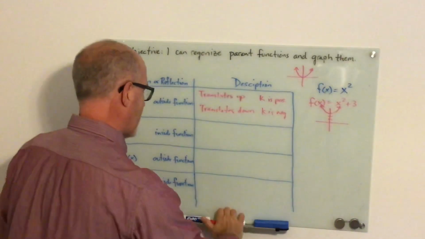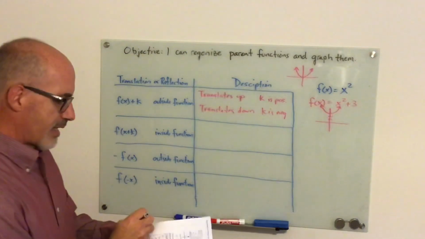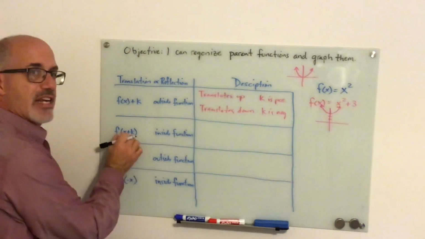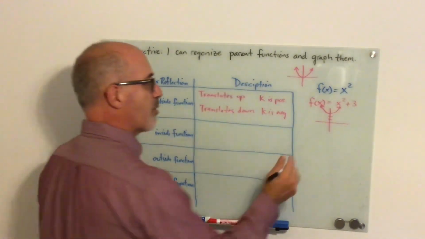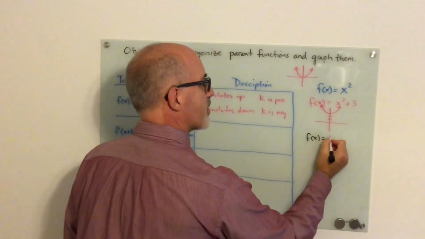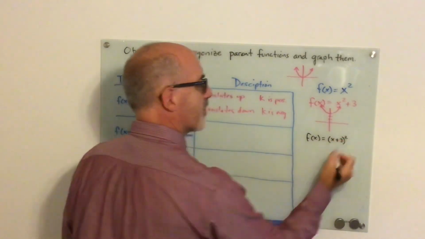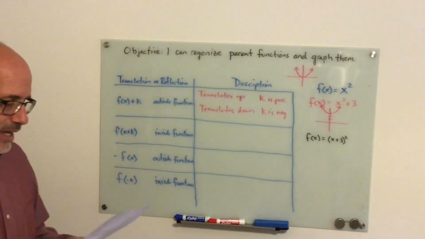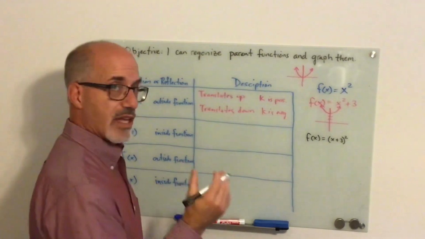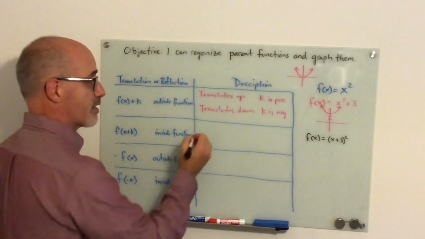Now, let's say we've got the k on the inside of the parentheses. For instance, if we had f of x equals x plus 3 inside the function. Now here, it's going to move it left or right, but it's going to move it the opposite direction we would expect.